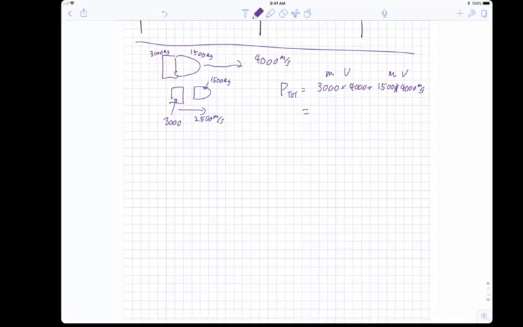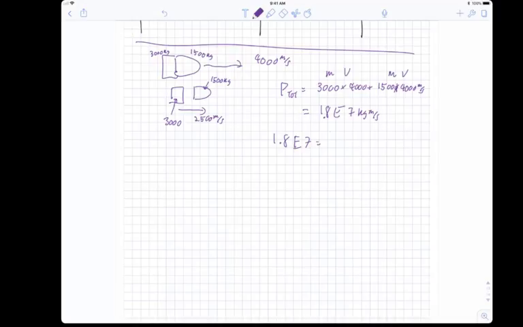So the momentum is 1.8 E7 kilogram meters per second. So after they blow up, the total momentum's still going to be the same because they pushed off each other.